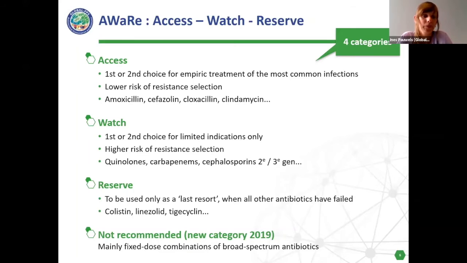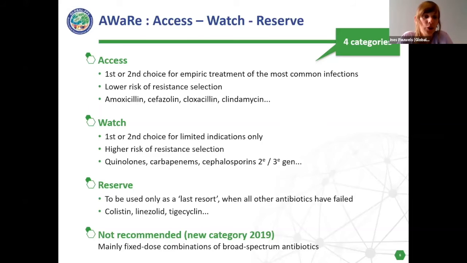So the first category is the Access category. This includes the first or second choice antibiotics for empiric treatment of the most common infections, and they generally have a lower risk of resistance selection. For example, amoxicillin or cloxacillin are Access antibiotics. Then we have the Watch antibiotics.